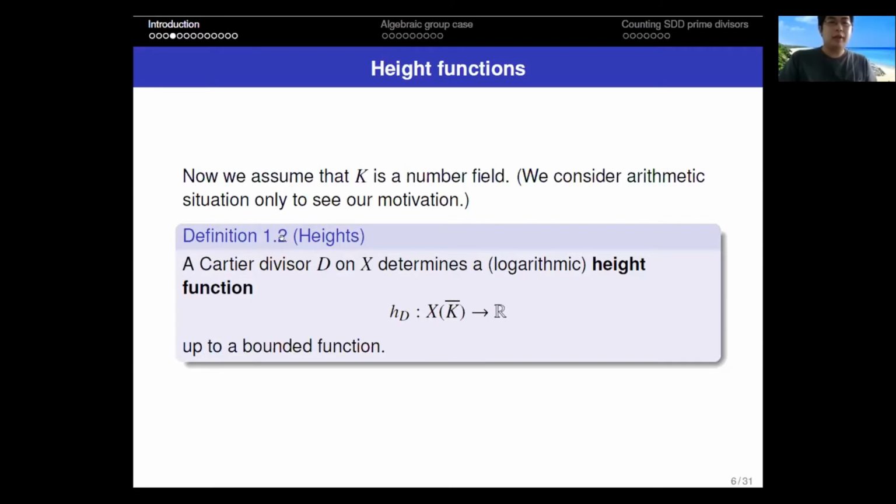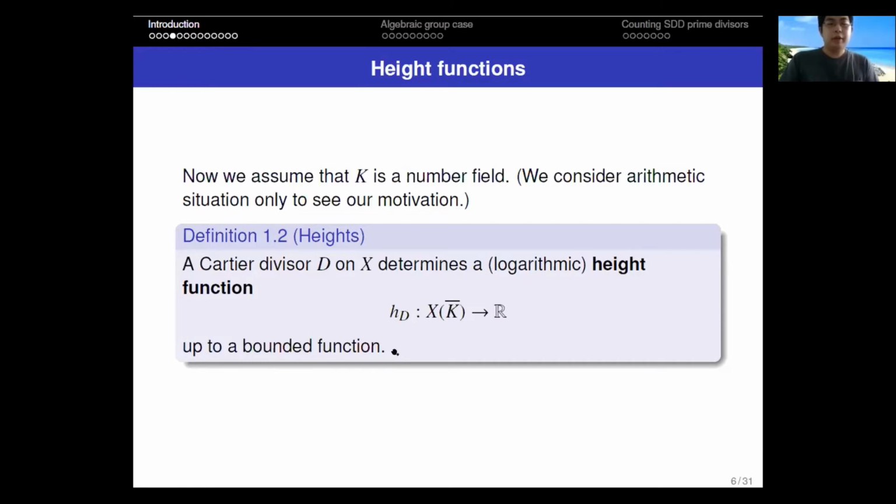Okay, first I introduce height functions. A Cartier divisor D on X determines a logarithmic height function denoted by h_D. This is a real valued function whose domain is the set of rational points on X. h_D is determined only up to a bounded function.